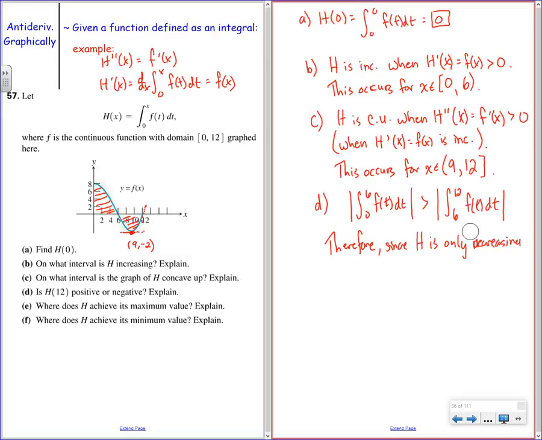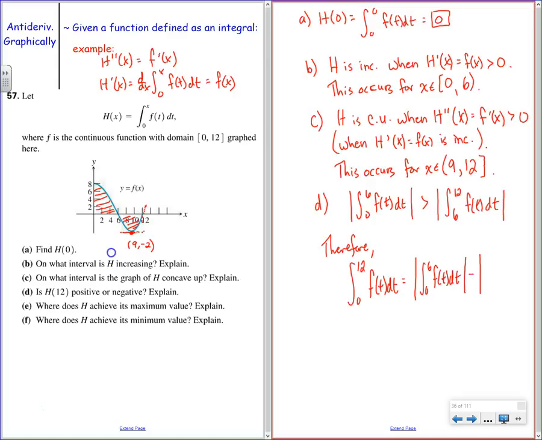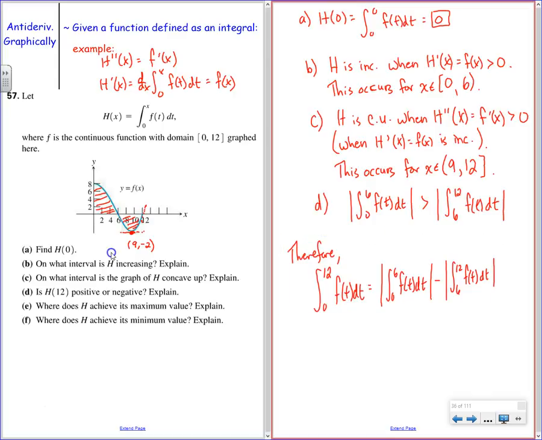Can you just say, we put it this way, therefore since that it... Can't I just use a little integration notation to say, if I'm subtracting these two when I go to find this integral, h of 12 equals h of 0 plus the integral, and h of 0 is just 0.